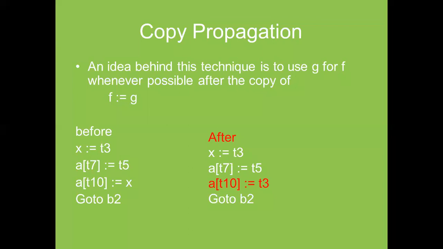The idea behind this technique is to use G for F whenever possible after the copy F := G. Here you assign the value of G to another variable F. Such an expression is called a copy expression, used in copy propagation.